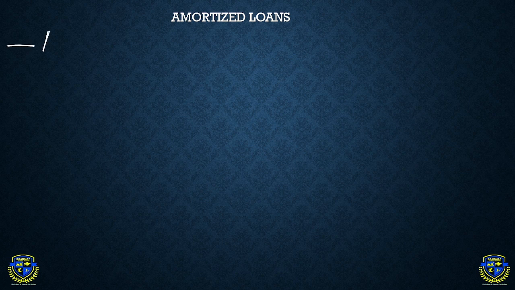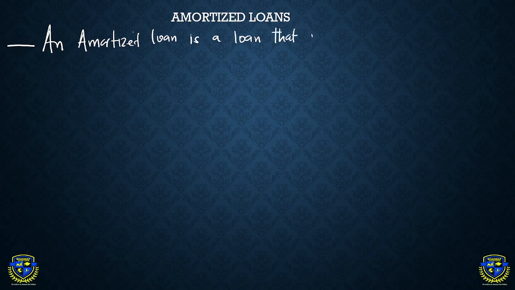So, an amortized loan is a loan that requires equal payments over its life.